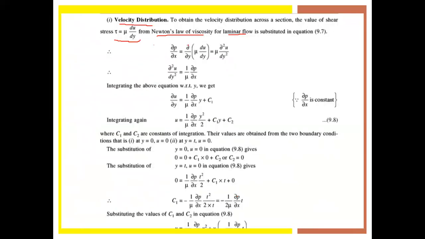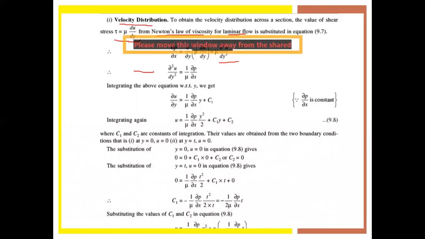Therefore, ∂p/∂x = ∂/∂y (μ du/dy), so we are getting μ ∂²u/∂y². Therefore, ∂²u/∂y² = (1/μ) ∂p/∂x.